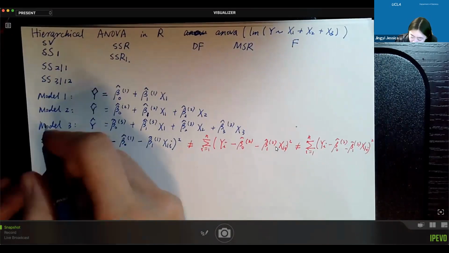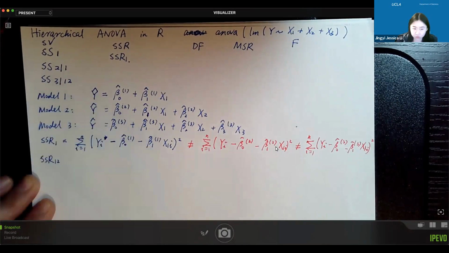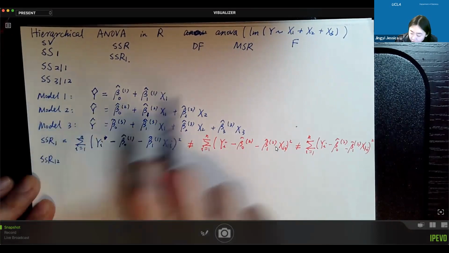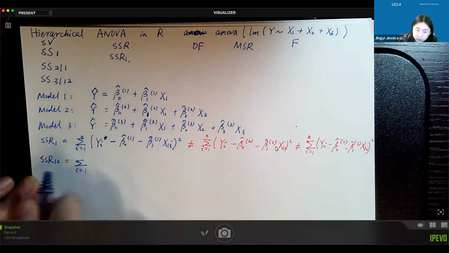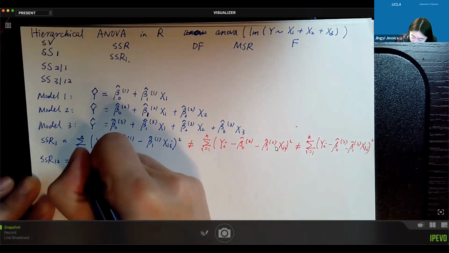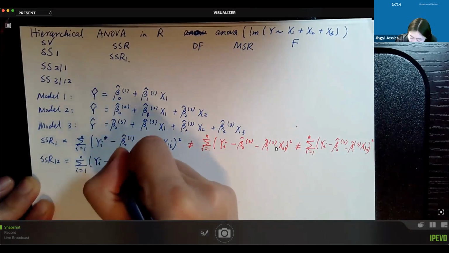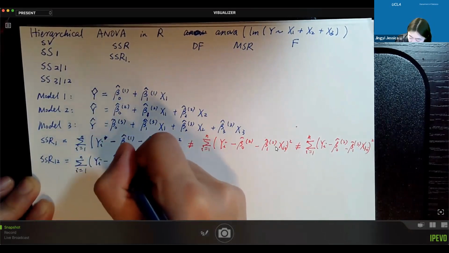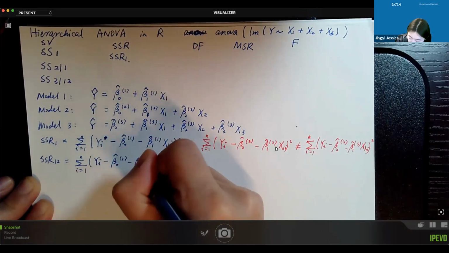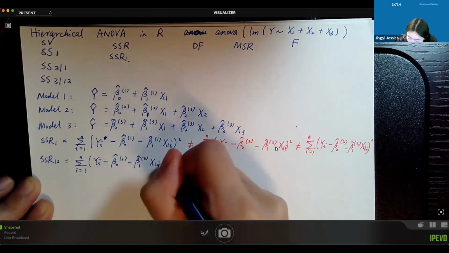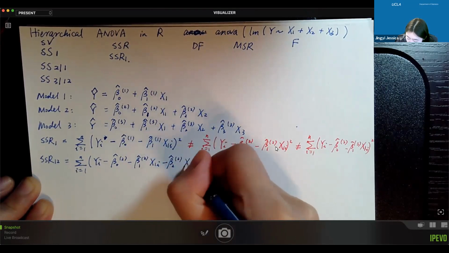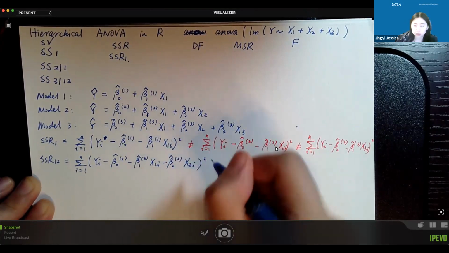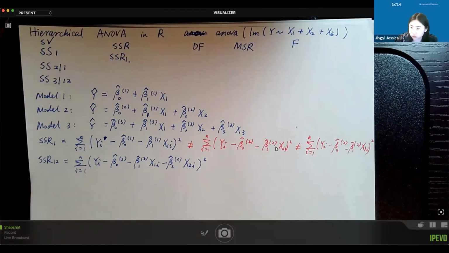And then SSR1,2, okay? Given only 2 predictors in the model, it will be based on model 2: yi minus beta 0 hat 2 minus beta 1 hat 2 x1i minus beta 2 hat 2 x2i, squared. That will be the SSR1,2.